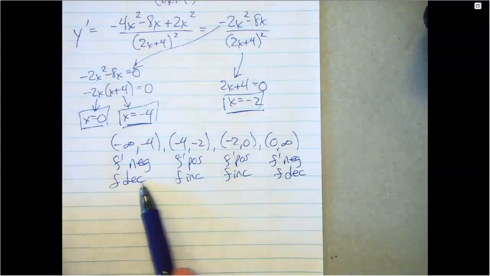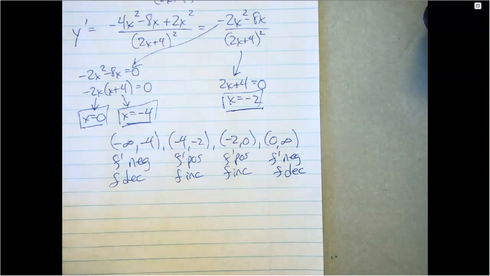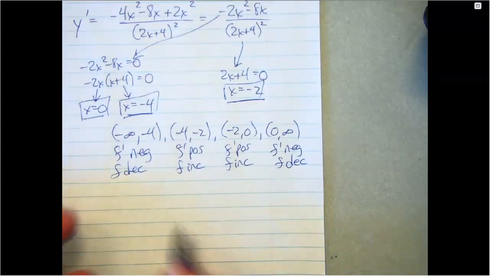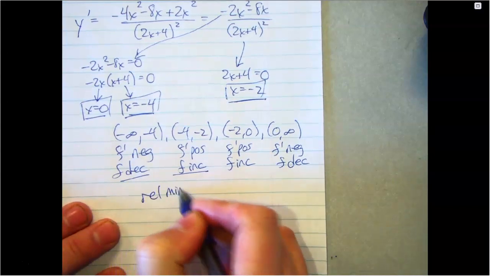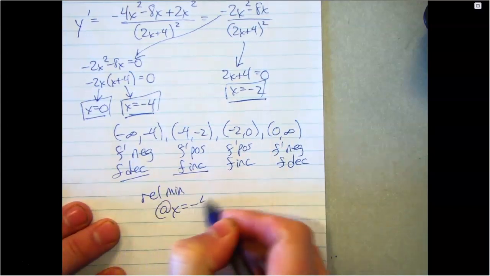I believe you get decreasing, increasing, increasing, decreasing. Indeed. So the relative min would happen when we go from decreasing to increasing. So there's a relative min at x equals -4.